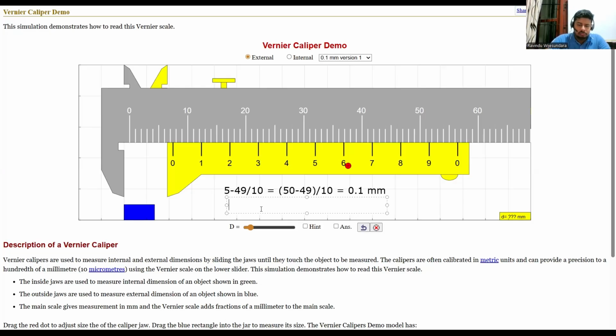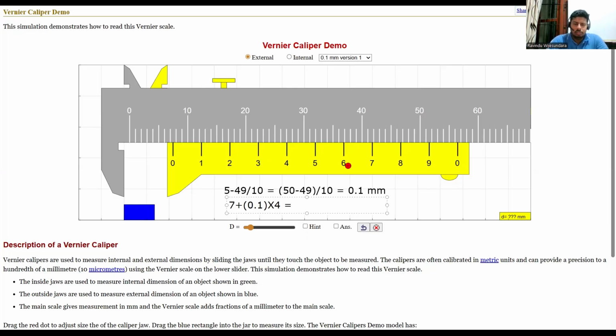So 7 plus the least count 0.1 multiplied by the division of the vernier scale which coincides with the main scale. If you check one by one here, you can see the fourth one is the division. There is no other division coinciding, right? The fourth one is the division, so we have to put 4 here.